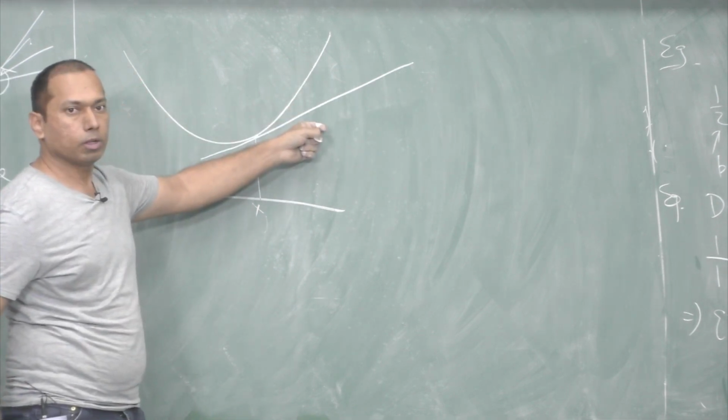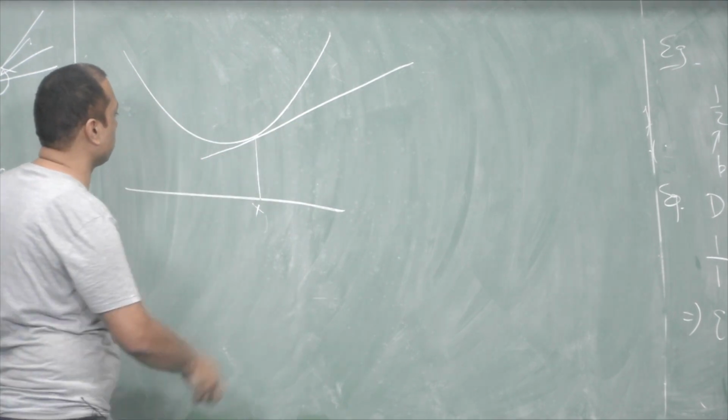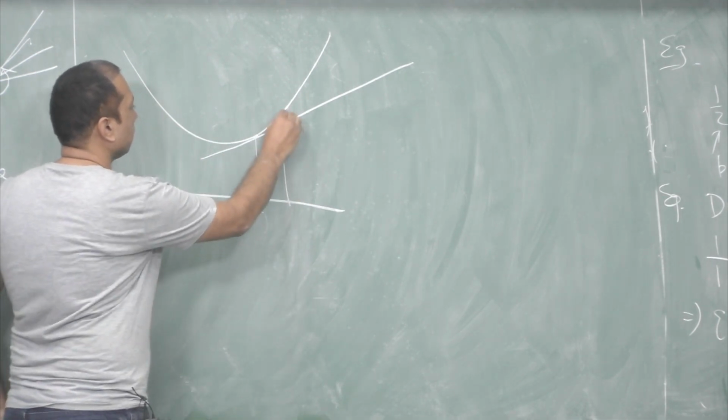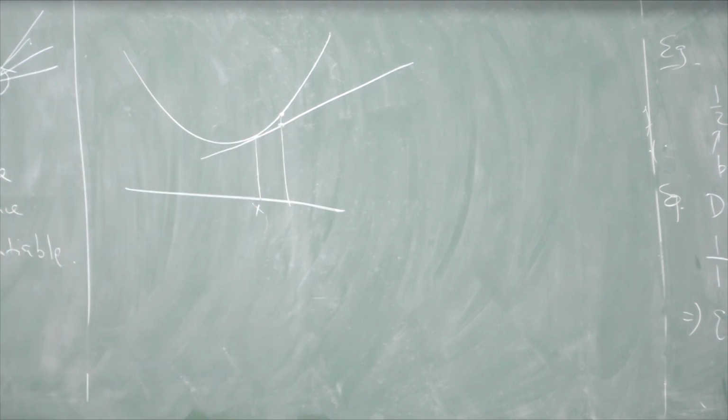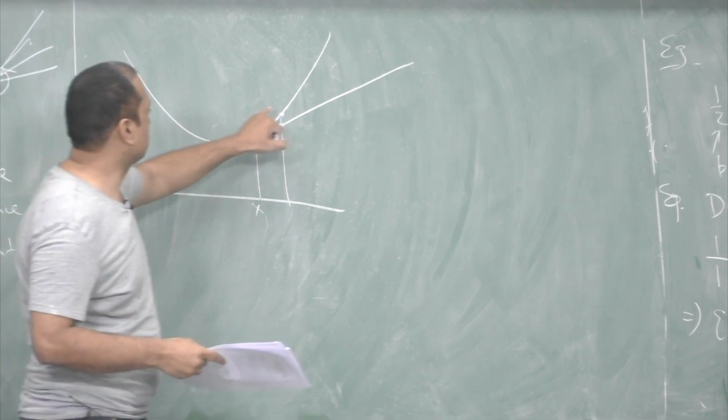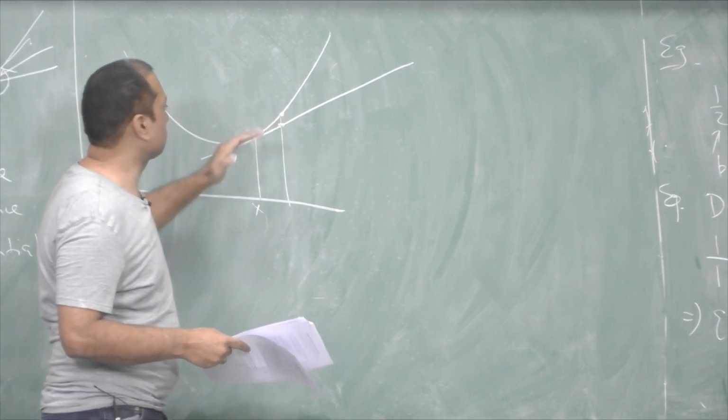So the tangent values are smaller than the function values. We wrote this inequality: f(y) is greater than or equal to f(x) plus grad f times (y minus x). This is exactly what characterizes convex functions.